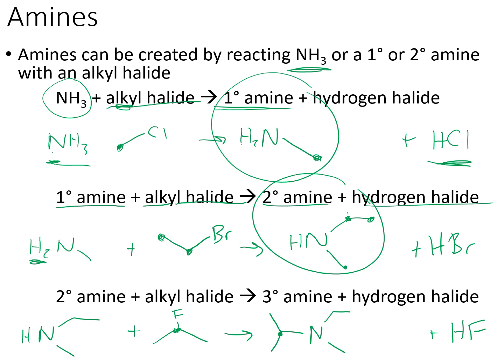We want to put them alphabetically, so we'd say N-ethyl, N-methyl, and then we have our propane here, so it's a propanamine on it, and we can say 2-propanamine because the amine is on the second carbon. It could have been on the first one, but it's on the second one here.